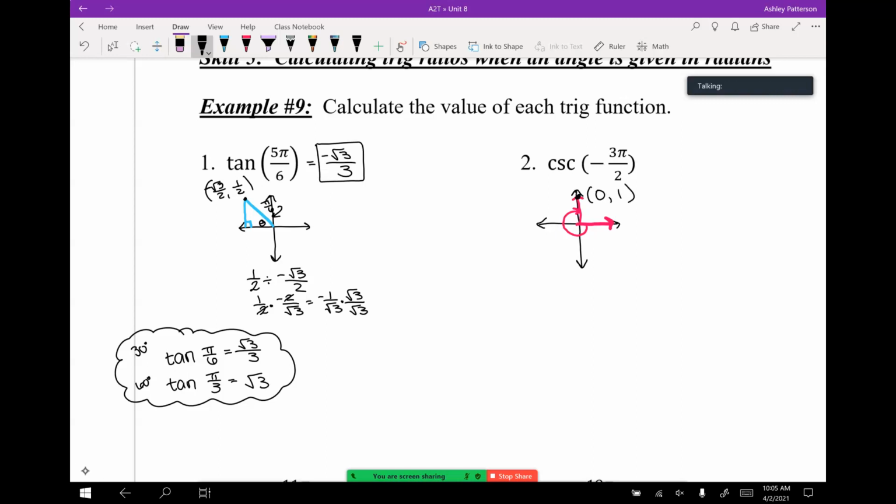And we need the cosecant. So remembering that these coordinates are written as cosine, comma, sine, alphabetical, yeah, C before S, then we know that the sine of negative 3 pi over 2 is 1. What's its reciprocal? Yeah, it's just 1. So the cosecant of negative 3 pi over 2 is just 1.